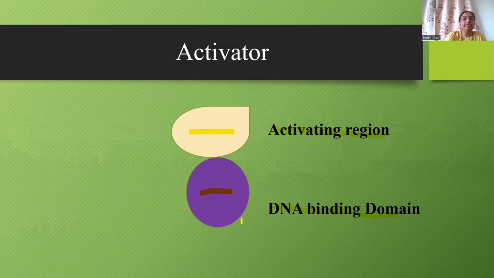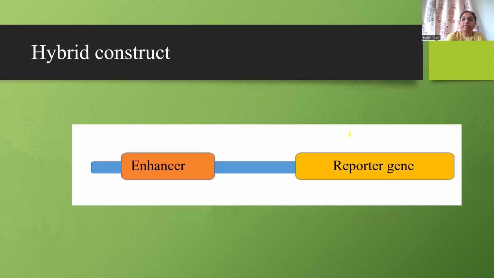So for the two hybrid system, there is a use of the DNA binding domain and the activating region. Here for the two hybrid system, three constructs are made on plasmids.